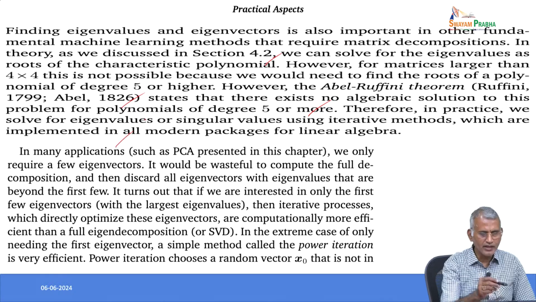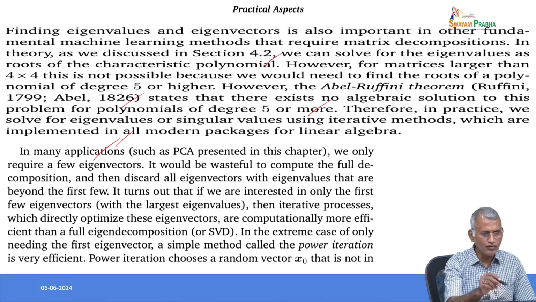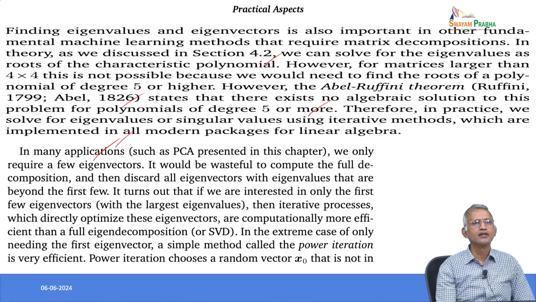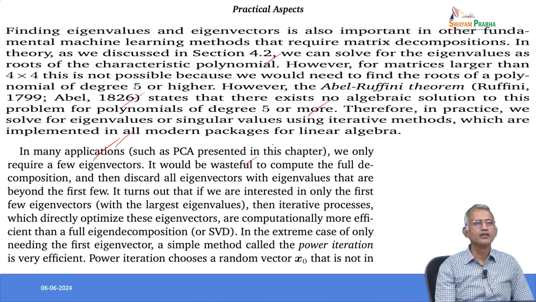In many applications such as principal component analysis presented in this chapter, we only require a few eigenvectors, and it would be wasteful to compute the full decomposition and then discard all the eigenvectors with eigenvalues beyond the first few.